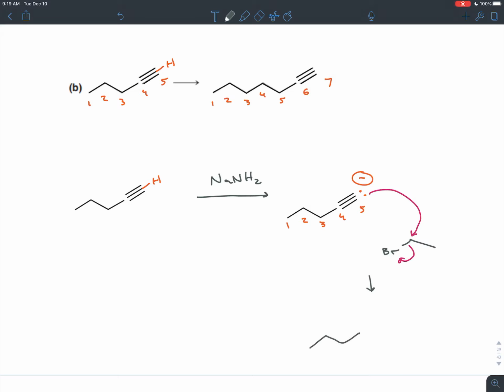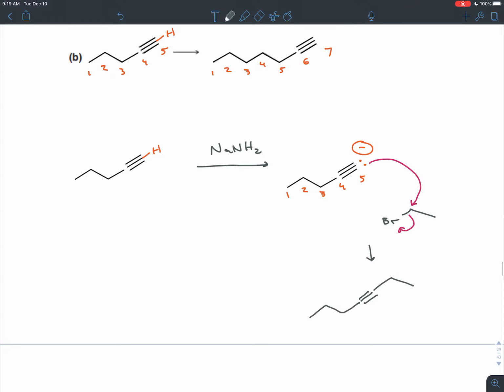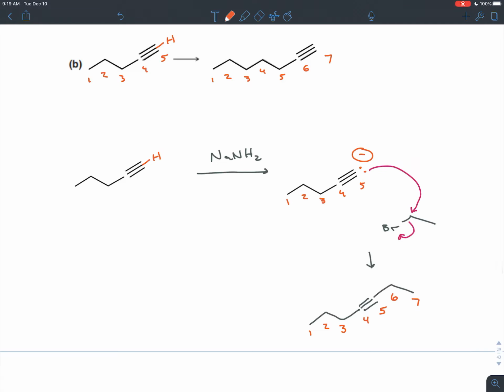The problem with this is that after you make that, there's no way we can control the placement of the electrons. Even if you make that, and it has the right number of carbons, 7 carbons, what's wrong with it is that the pi bond, the triple bond, the alkyne, is in the wrong place.